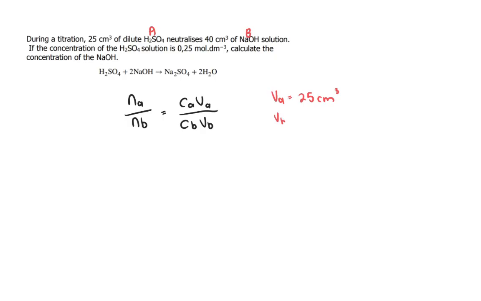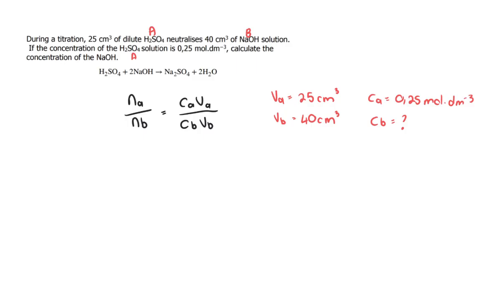So I have the volume of the base as well, cubic centimeters. If the concentration of my acid solution, so I have the concentration of my acid, which is 0.25 moles per cubic decimeter. If the concentration of the acid is that, calculate the concentration of your base. Okay, so that is the unknown they want.